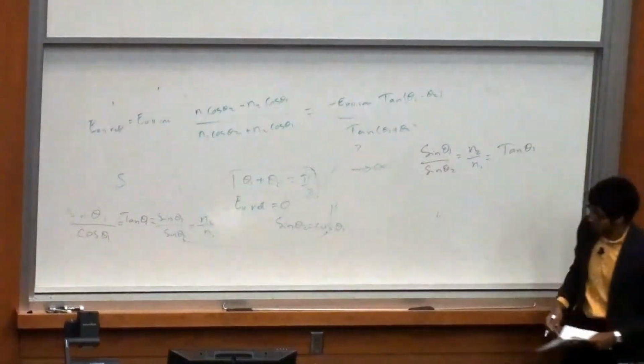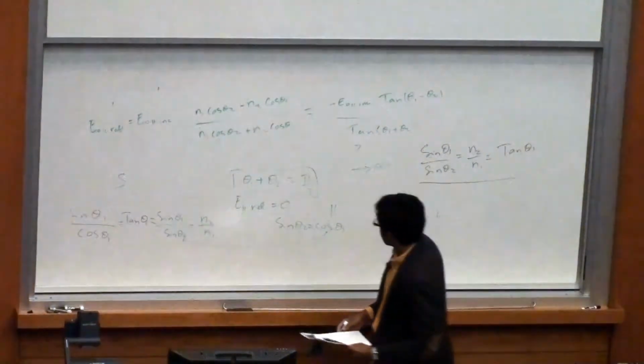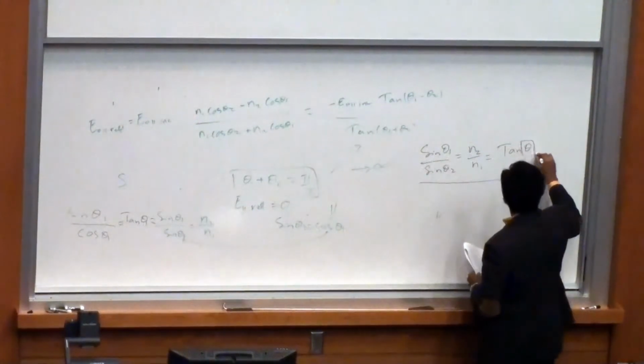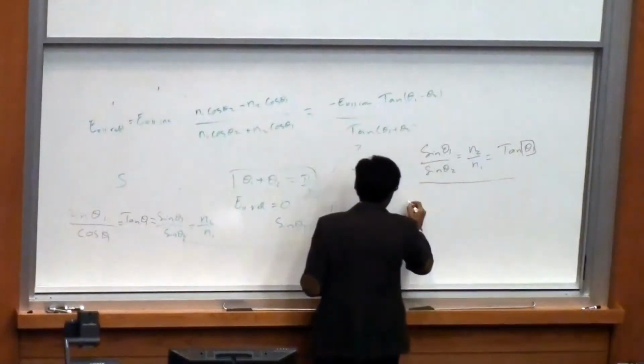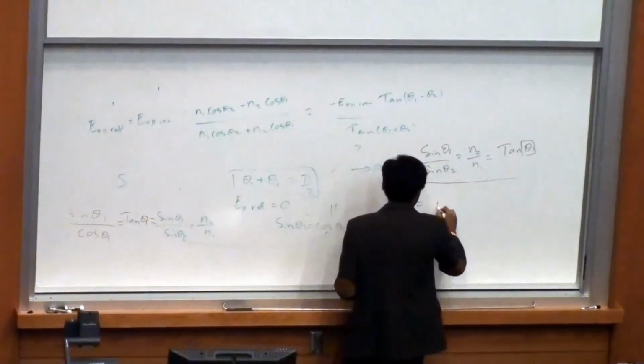Now, I've met my condition for getting 100% polarized light because of this angle theta 1. And this angle theta 1 is a special angle, and we have a certain name for it because of some guy that did work on it. It's called Brewster angle.